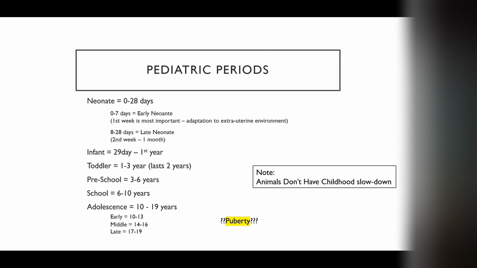Okay, and then we have toddler, 1 to 3 years. I wrote here it lasts 2 years, so toddler is 2 years. How do we calculate when is a toddler? When I say 1 to 3 years, when does the toddler start? When does it finish? So the answer is based on the candle you blow.